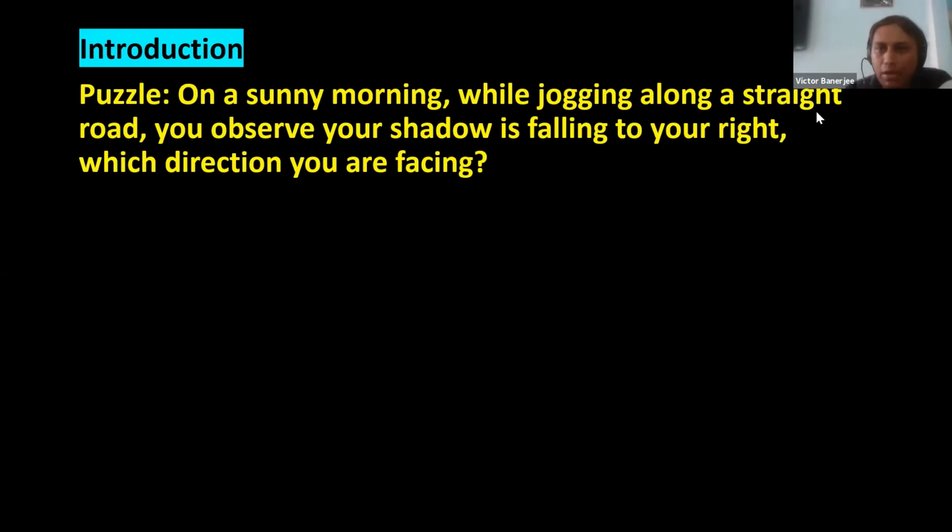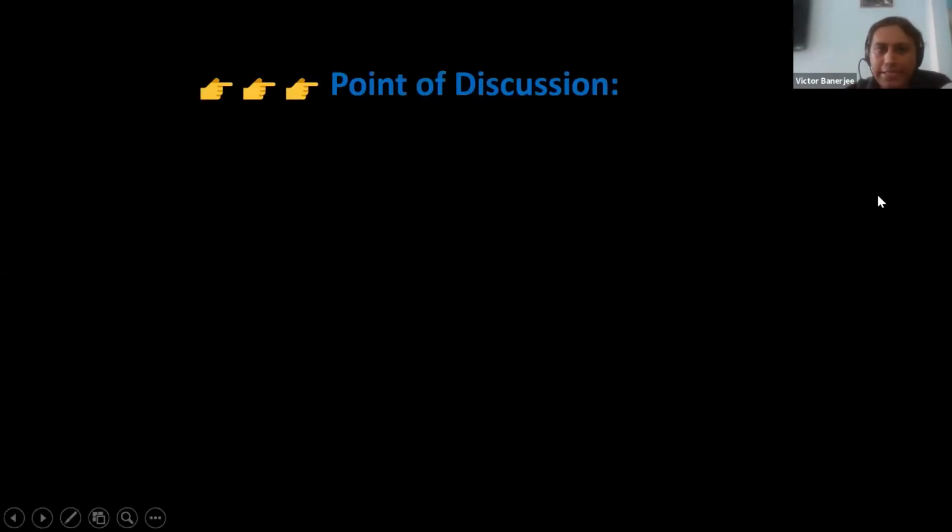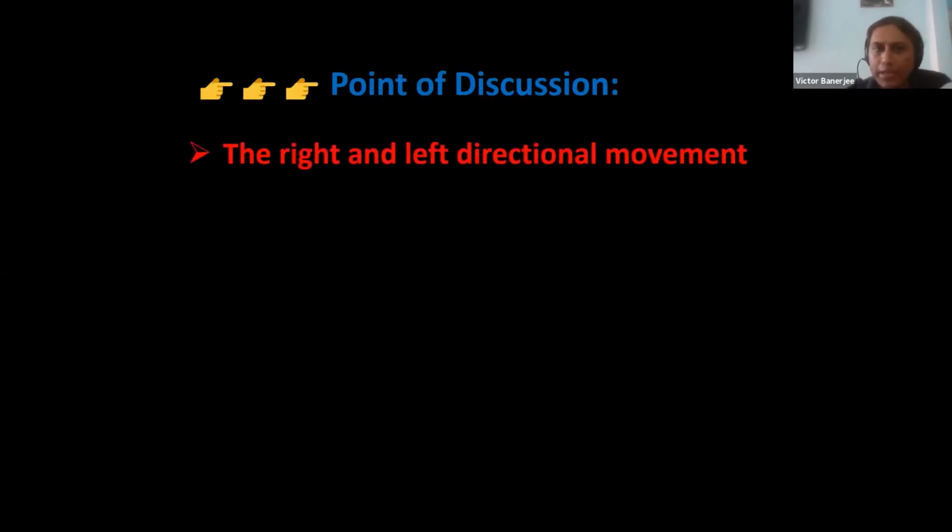And before jumping on the question, let me explain what exactly we are going to cover in today's session. First, the right and left directional movement. You are starting from one point, then you go left or right, or whatever way, and you reach the destination. So we draw the path and then we find out the distance.